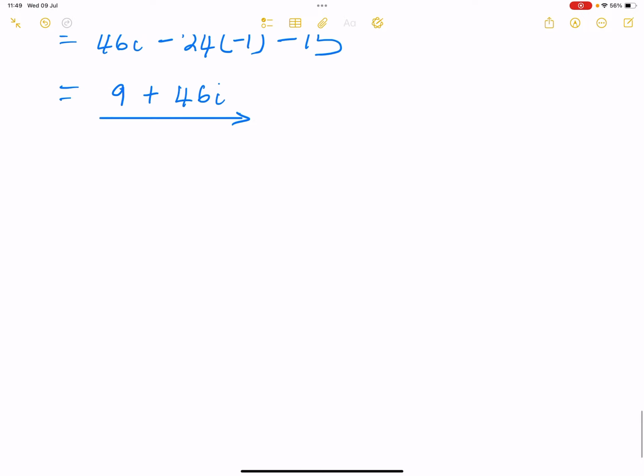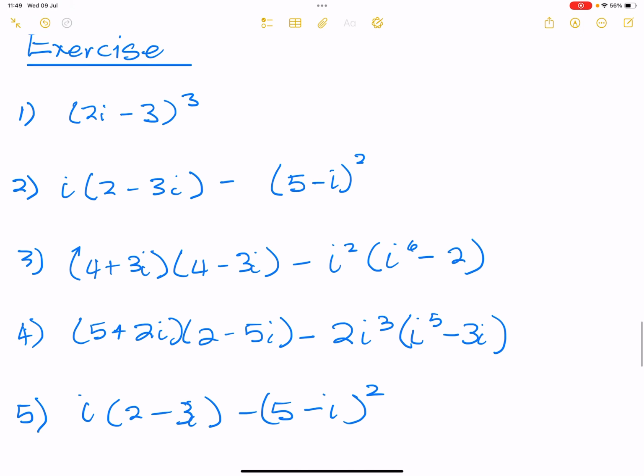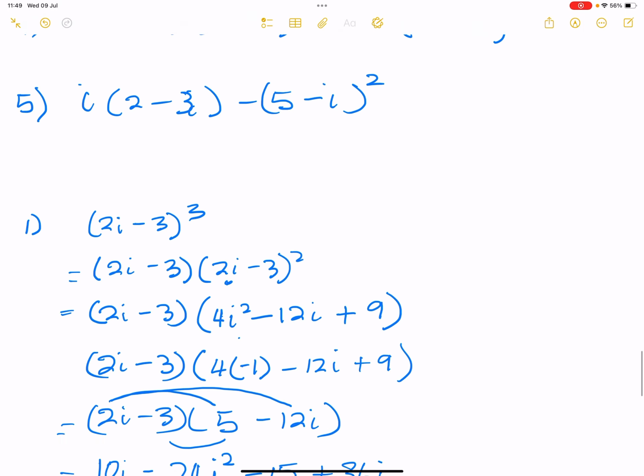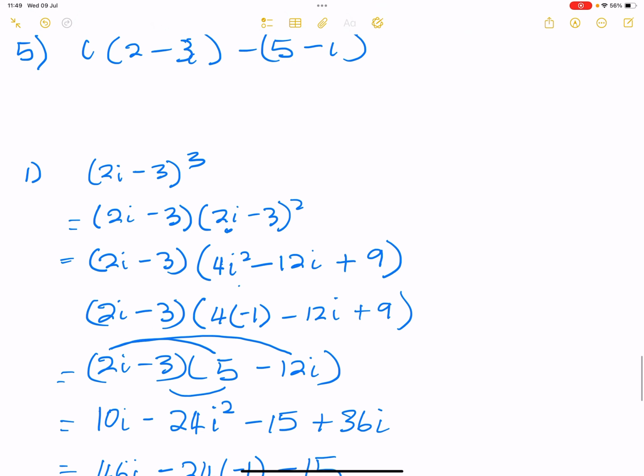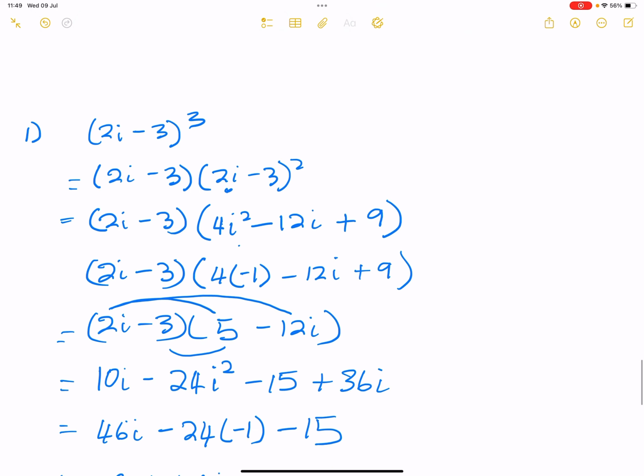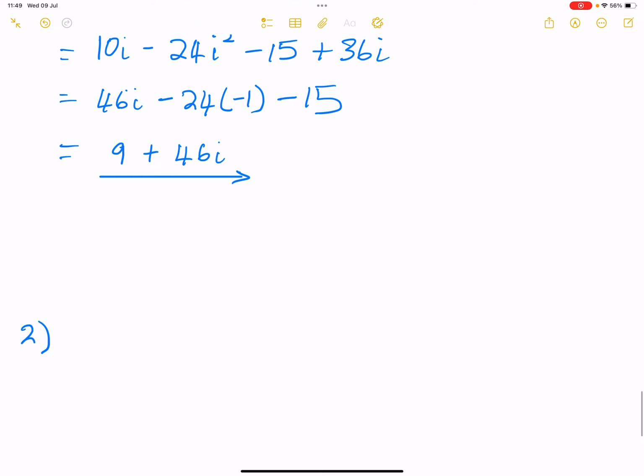So let's go to number 2. So we said that's i into (2 minus 3i), minus (5 minus i), all squared.